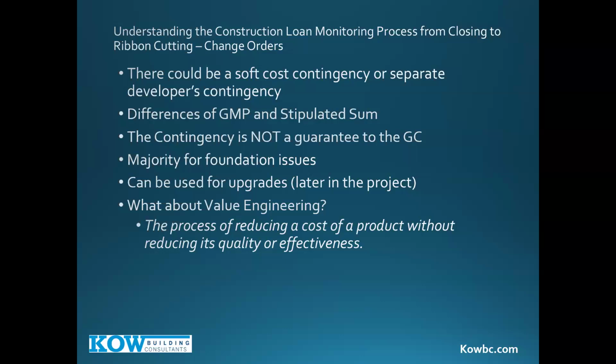Nobody told me there's an oil tank, and there's no record of an oil tank. But I had to call my company in to properly remove the oil tank. That's $100,000. That's coming above and beyond the stipulated sum. So the stipulated sum is the $60 million in my case. If I have a change order for $100,000, that's in addition.